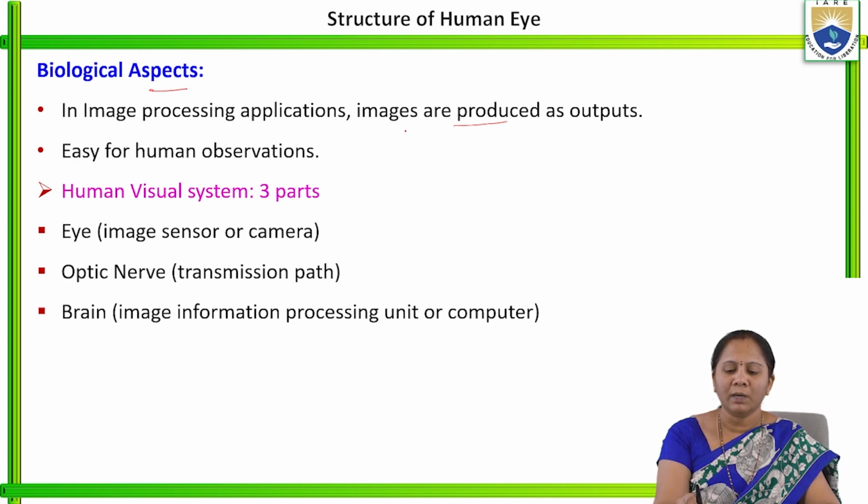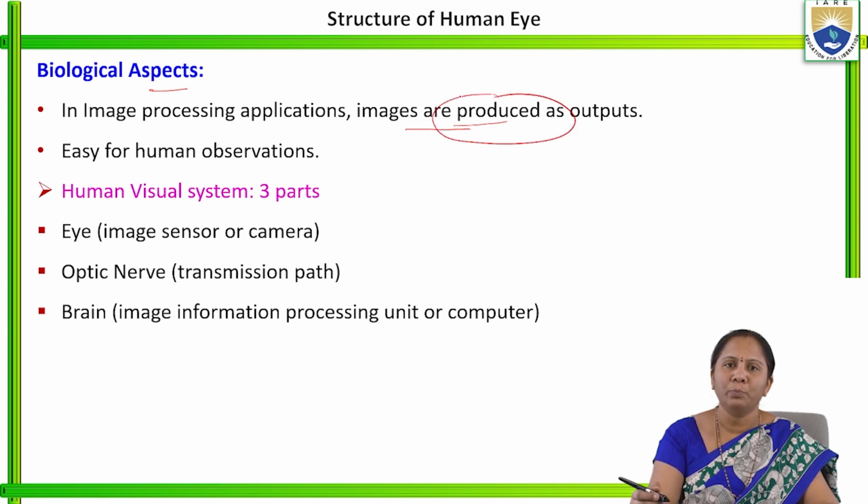As images are produced as output, there is one important advantage: if we see the output as an image, it is easy for human observation, that is, a human being can easily recognize the objects.